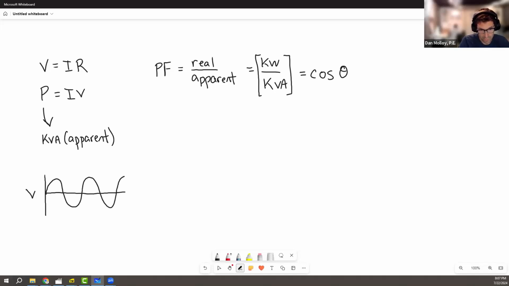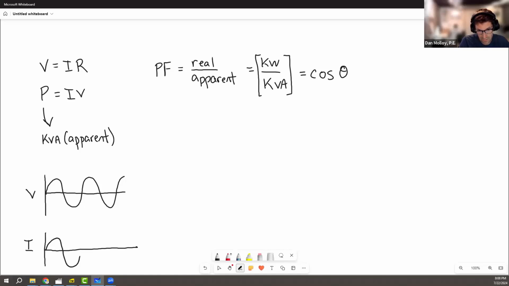And in a perfect world, the current waveform would have exactly the same kind of shape, which is to say its peaks would correspond with the peaks of the voltage. So if I were to draw some vertical lines here, this would be a perfectly vertical line. This would be a perfectly vertical line. So we say that the voltage and the current are in phase, which means that the power factor is 1.